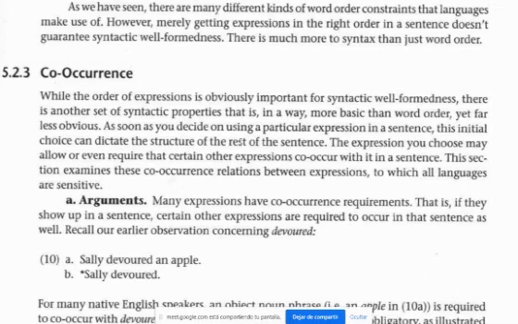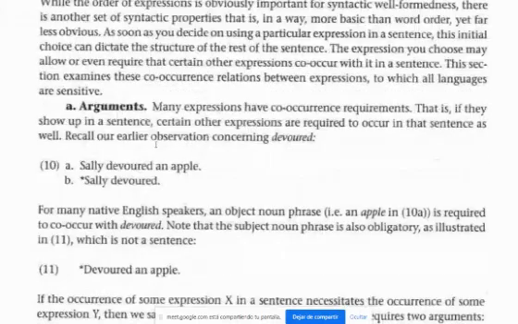As soon as you decide on using a particular expression in a sentence, this initial choice can dictate the structure of the rest of the sentence. The expression you choose may allow or even require that certain other expressions co-occur with it. This section examines co-occurring relations between expressions to which language is sensitive.